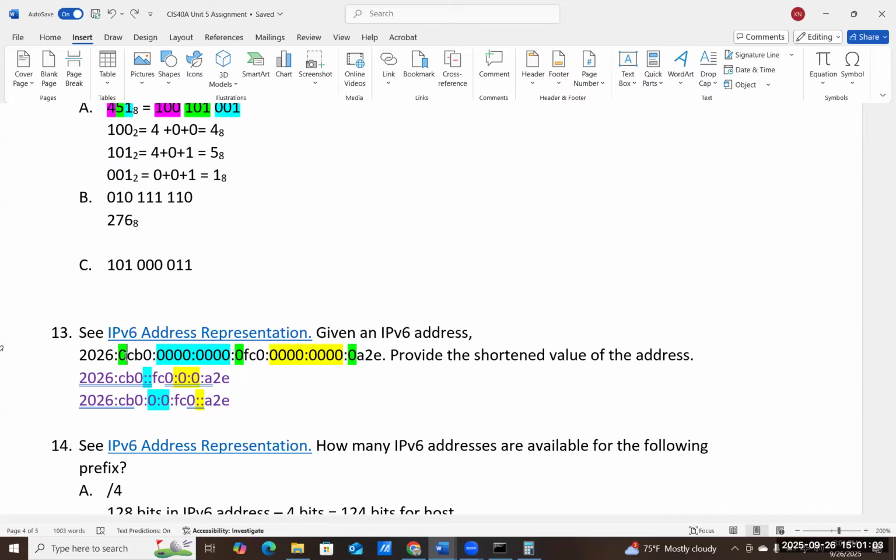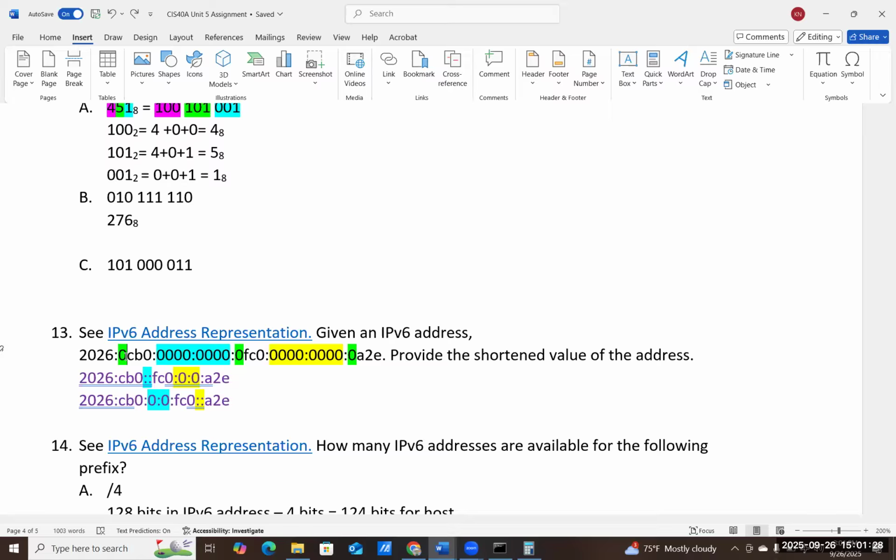okay, we can omit that 0 in green. Okay, you see that right there? The 0 that's in the front of the value, like in front of the F, in front of the A, in front of the C, because that bit is off, we don't care about that. So you can just ignore it.